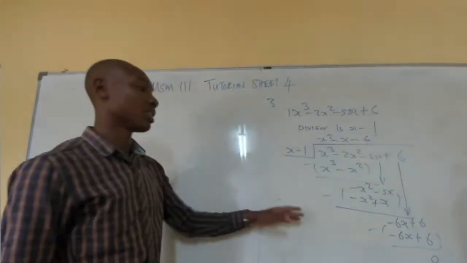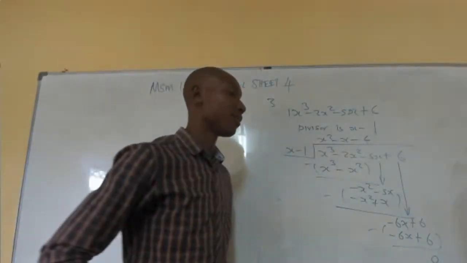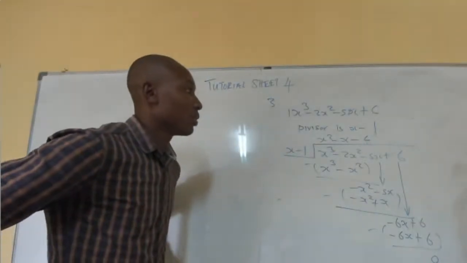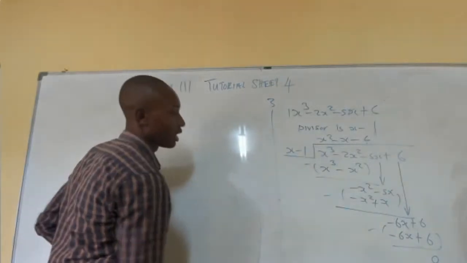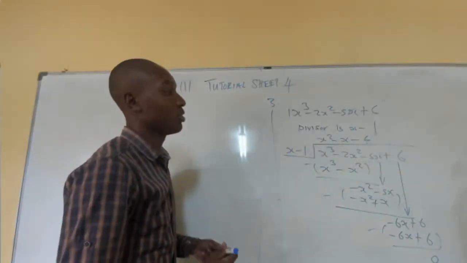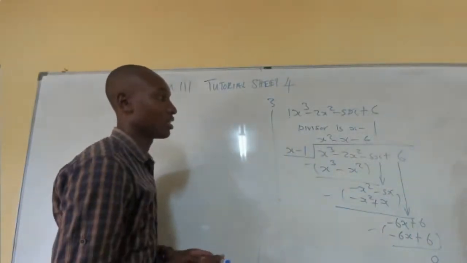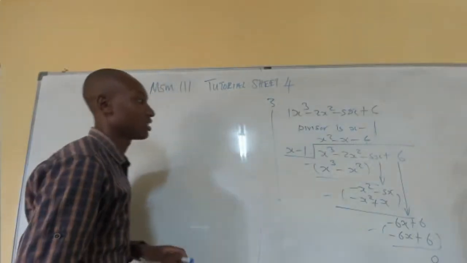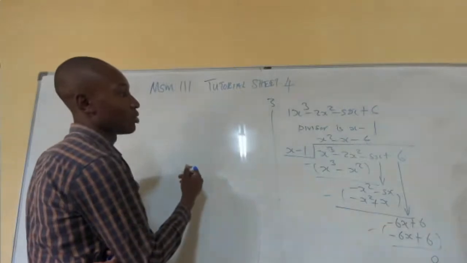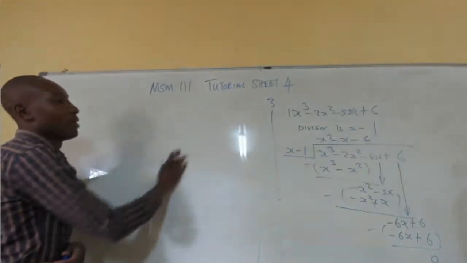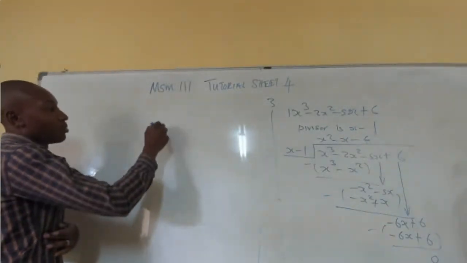As I said, since the remainder is 0, this one is actually a factor. Now, this quotient is what we also want to deal with. We're now going to deal with the quotient. If we use the synthetic method, you notice that this is going to give us the same thing. By use of the synthetic method, what do you expect that would have been? So we are going to have 1.